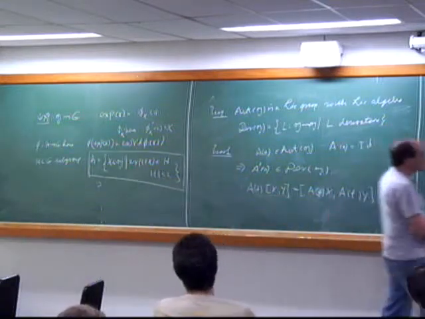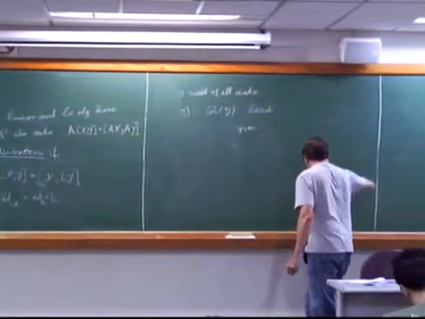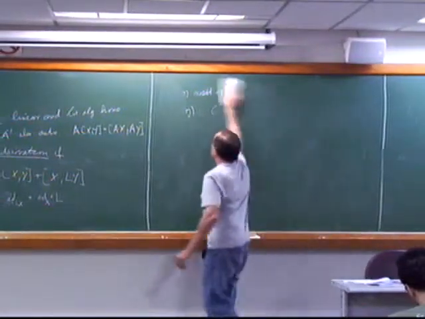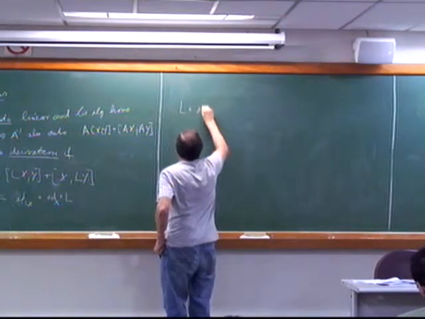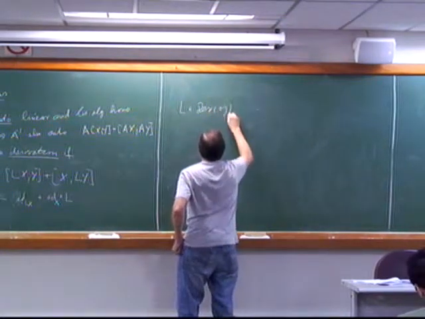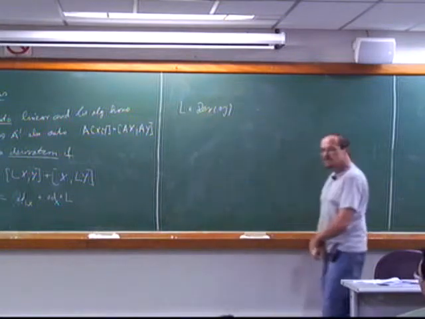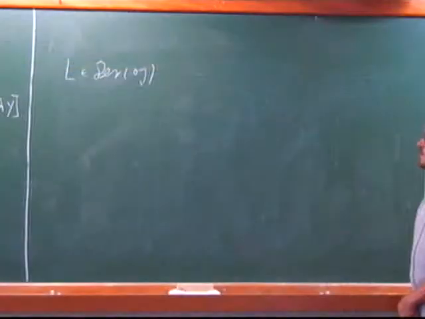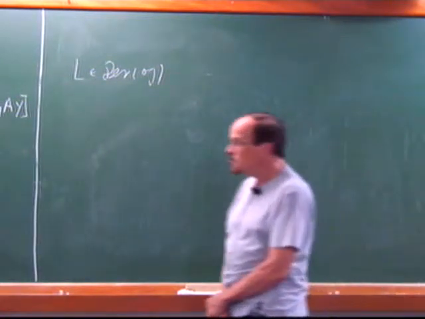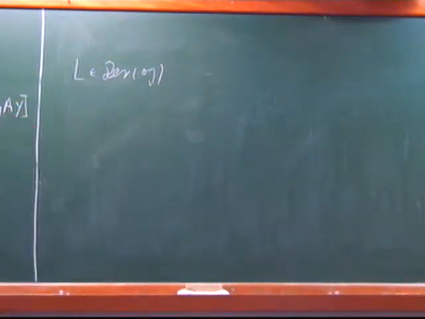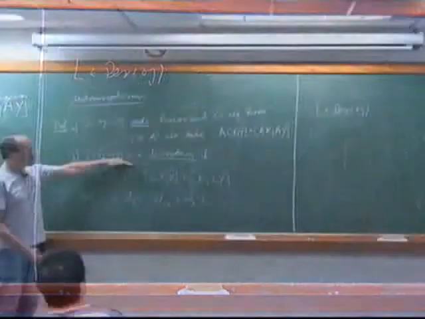So let's do the following. I want to take a derivation and prove it's a derivative of an automorphism. So what do you think the automorphism should be? Again, a general principle: to go from a group to an algebra, you take a derivative.